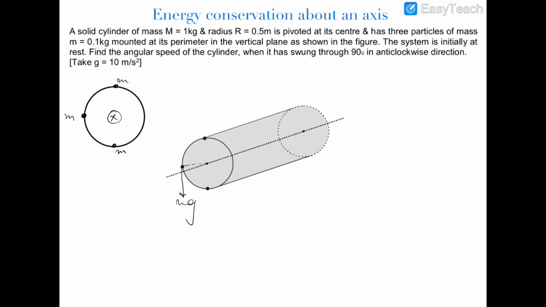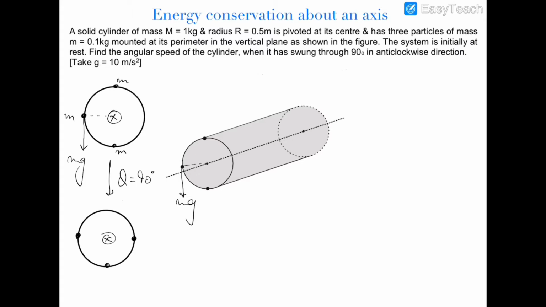So you can see that this mass would be creating the torque due to its mg, and therefore in the final equilibrium position the system would be like that after 90-degree rotation. So this is the diagram after 90-degree rotation.